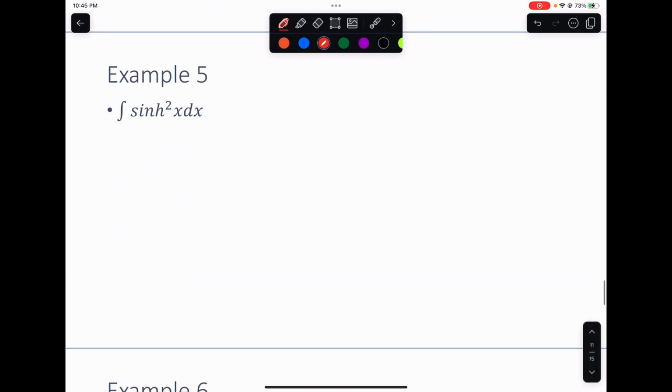So example number 5, we have hyperbolic sine squared x dx. Looking at the given integrand, this one does not resemble any of the 10. So in cases like that, we need to use some identity to find the solution.